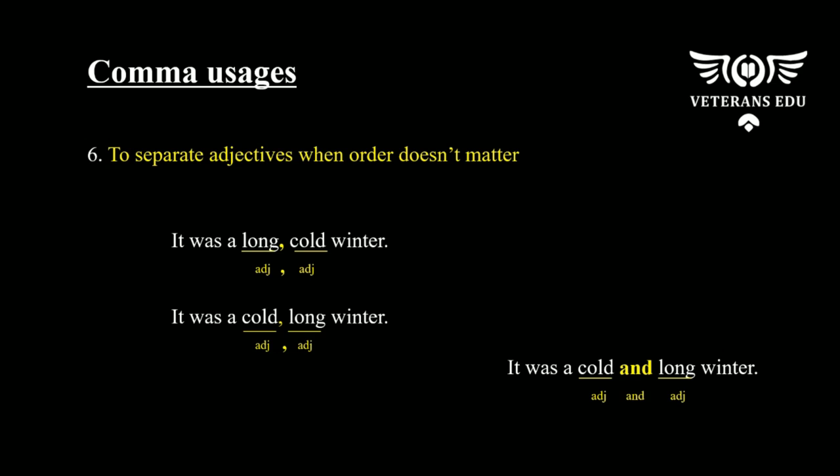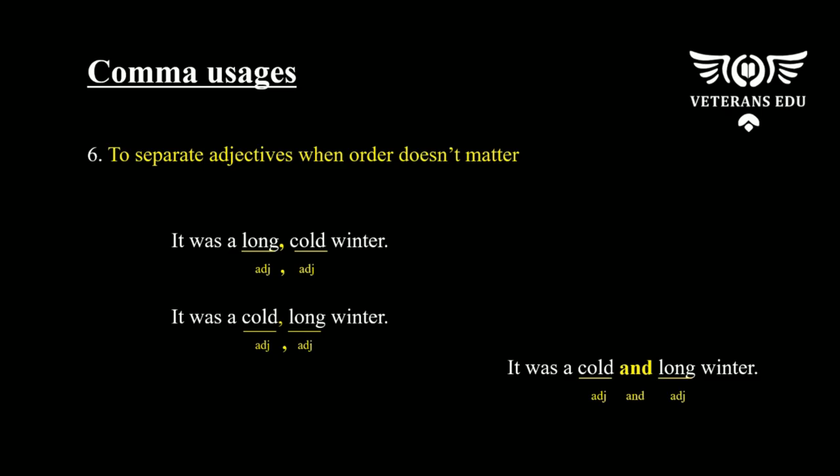For example, "It was a cold and long winter." So remember that when the adjective order doesn't matter, we can use a comma to separate them. What is interesting is that the writing section of the SAT will not actually test you this specifically, but as you will learn later, the SAT will use this punctuation along with other punctuation concepts to trap you. And when that time comes, I will show you some examples.